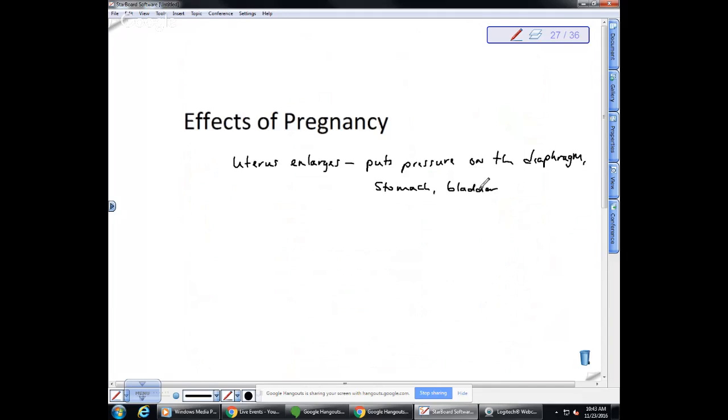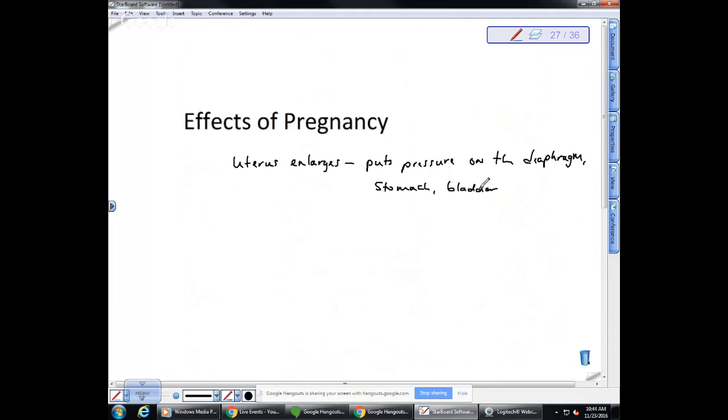right? So when a female is very pregnant and the uterus is very big, sometimes it's hard for them to breathe, right? Because they feel like they're out of breath all the time because the uterus is pushing up on the diaphragm. And then it pushes on the stomach, and sometimes you get acid indigestion, right? So you get acid coming up into the esophagus.